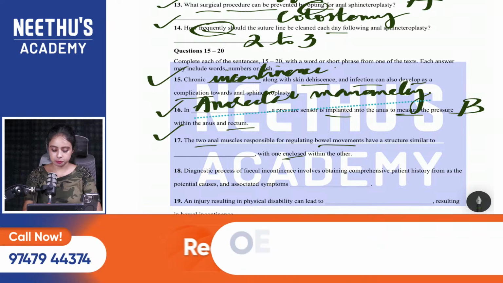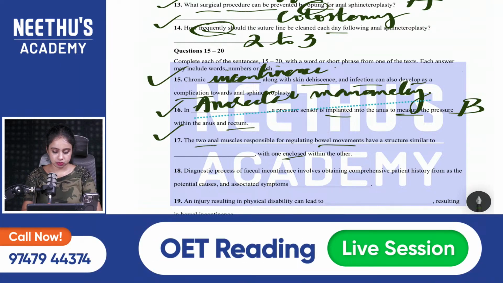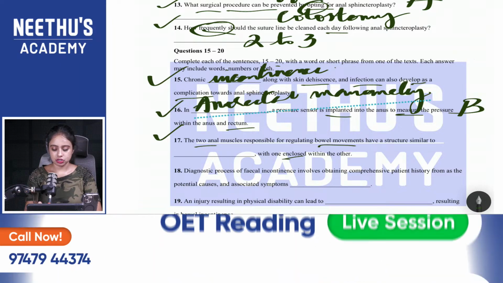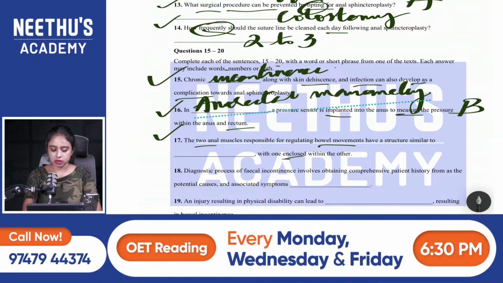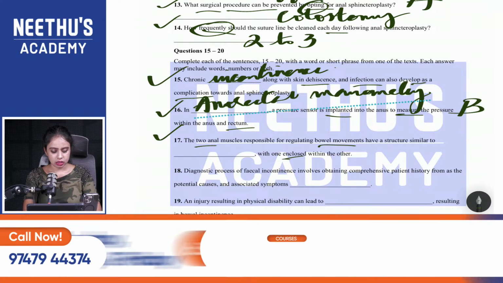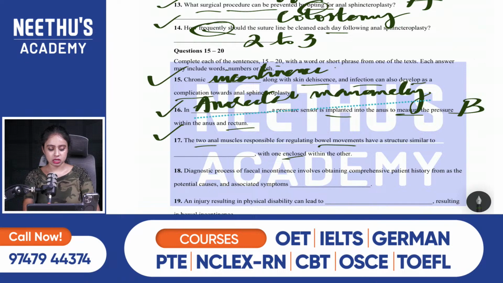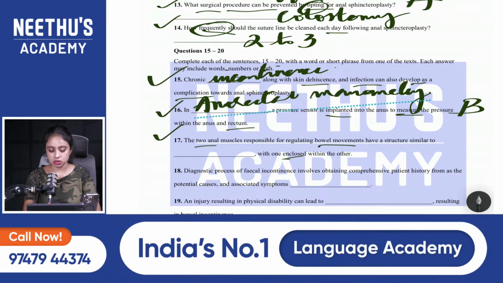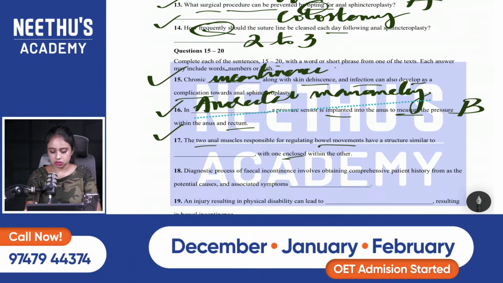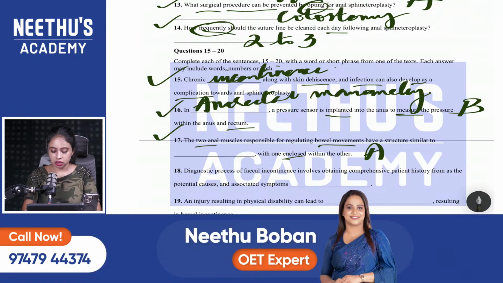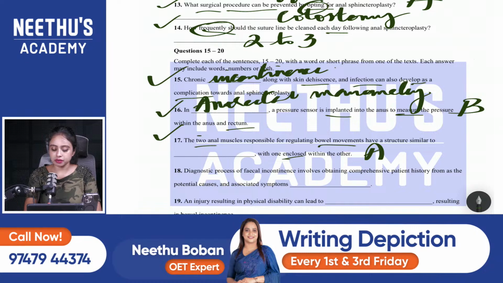Then 17: the two anal muscles responsible for regulating bowel movements and a structure similar to dash with one enclosed within the other. What is that one? Two dash. Two anal muscles. Yes, LV, Anu, Beulah, Adhara, it is anorectal manometry for the previous one. For the 17th one, I think the answer is mentioned in text A. Very good, two round doughnuts. But in the question they already say two muscles, so you don't have to write two.